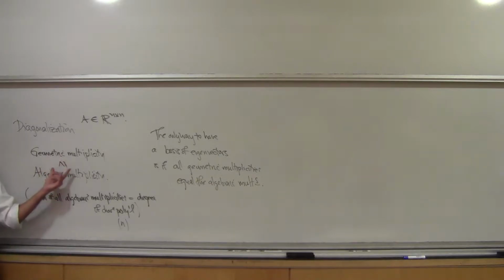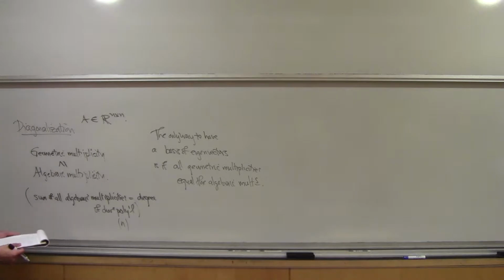Because if that happens, then you've got enough linearly independent eigenvectors to get an eigenvector basis, right? So that's basically where we finished up. That your matrix is diagonalizable means that your geometric multiplicities are all equal to the algebraic multiplicities.